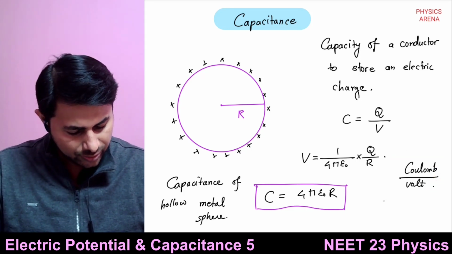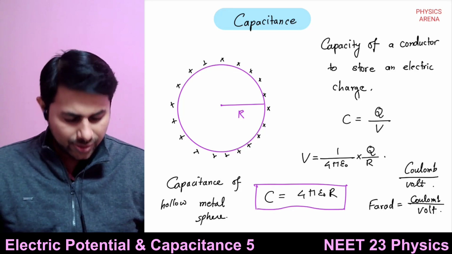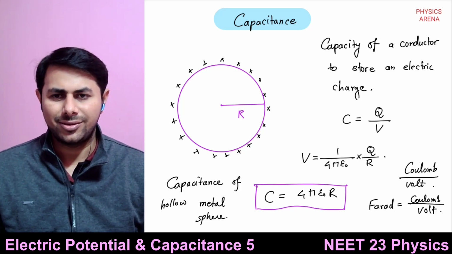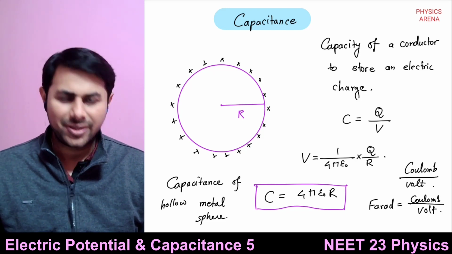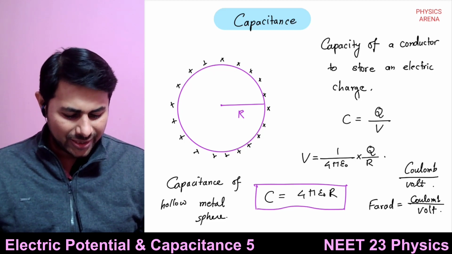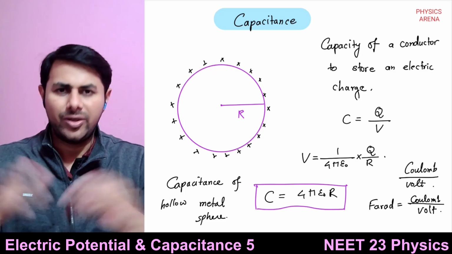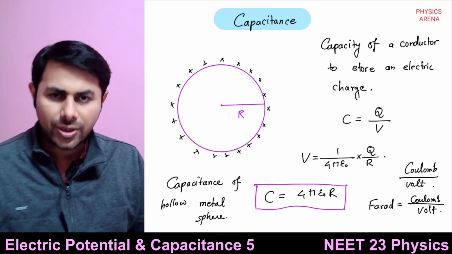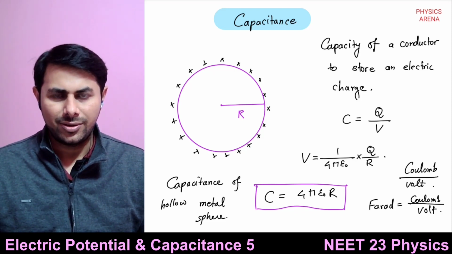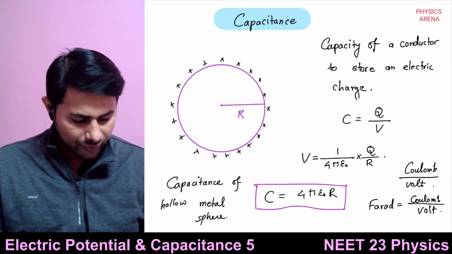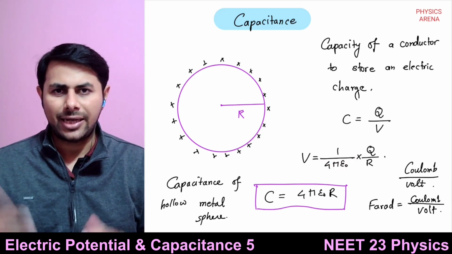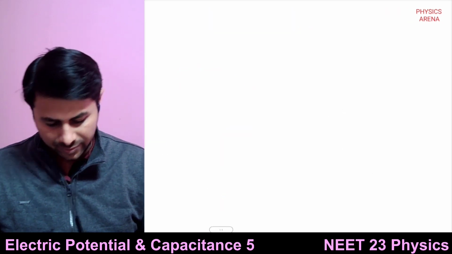Now see, 1 farad is a very, very big capacitance, right? For example, how big a sphere will be needed to store a charge of 1 coulomb at a potential difference of 1 volt? To find that out, we know 1 upon 4 pi epsilon naught is 9 multiplied by 10 raised to 9.